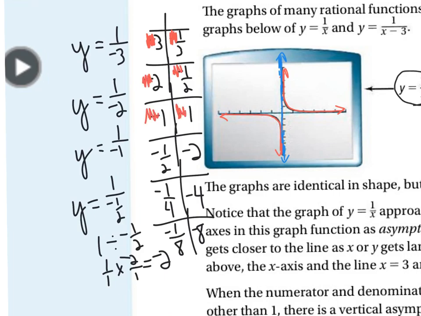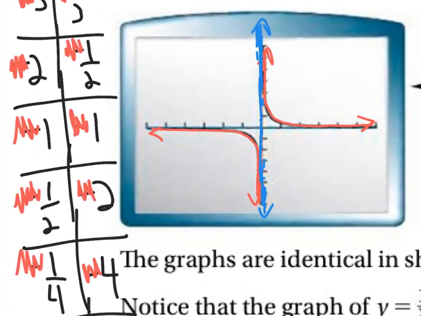If x is 1, it would be 1. If x is 1/2, it would be 2. If x is 1/4, it would be 4. If it's 1/8, it would be 8. So as we get closer over here, then the y values are just going to keep getting bigger and bigger. And it's just going to keep going up.